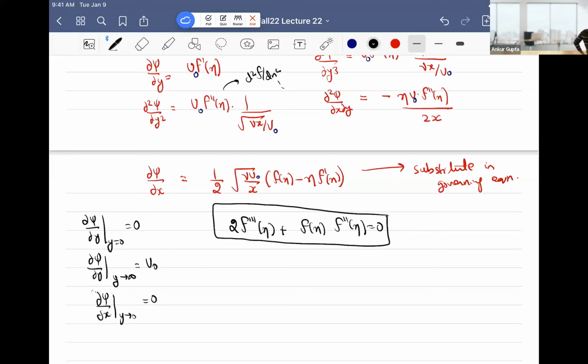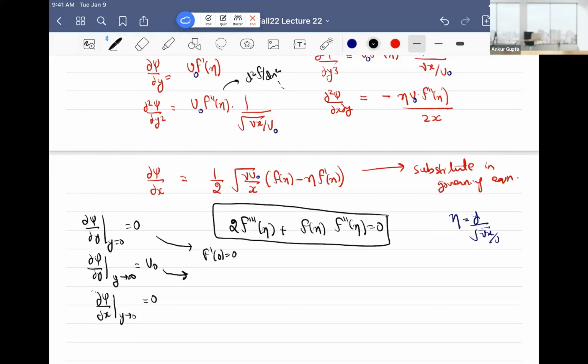So if del psi by del y is 0, what should be my f prime? 0, right? And you note eta is equal to y by root of nu x by u. So when y is 0, eta is 0. So this becomes f prime of 0 is equal to 0.